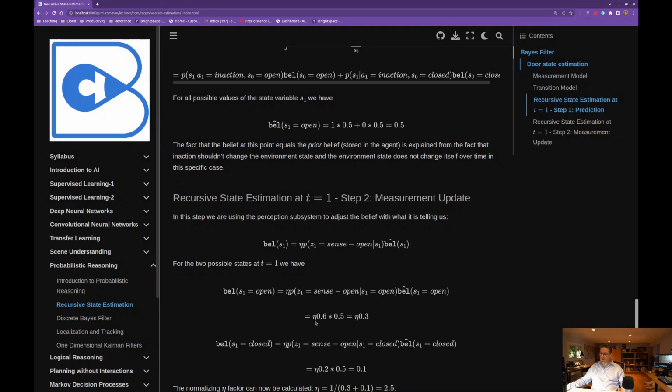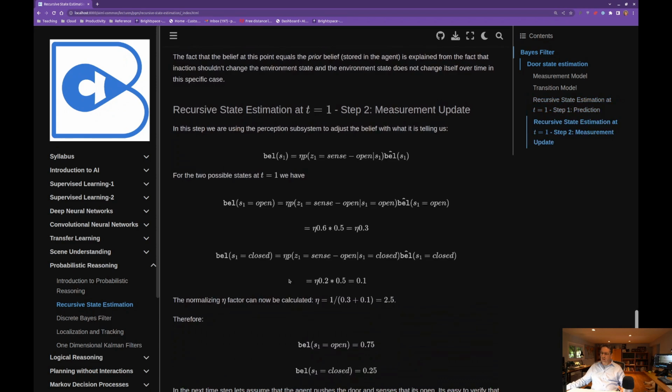All right, so we are replacing the terms. 0.6 from the lookup table times 0.5 is eta times 0.3, and the posterior for closed is eta times 0.2 times 0.5. There is an eta which is actually missing over here.